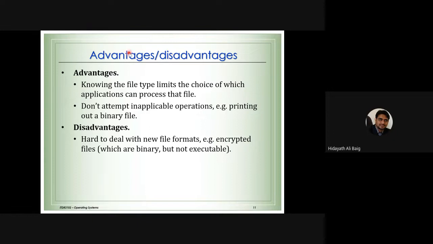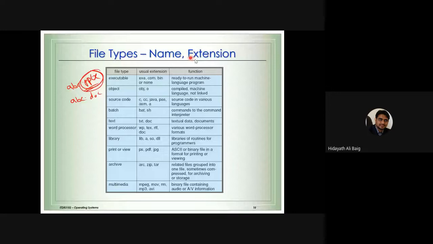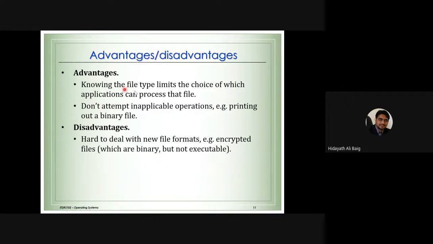So those are the advantages and disadvantages of knowing the file extensions and the file types. What is the purpose of all this? .exe is executable file. .obj is the object file. Java is a Java file. Why do we need to know all these extensions? Advantages: knowing the file type limits the choice of which application can process that file.